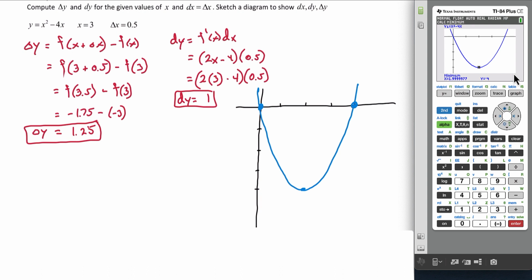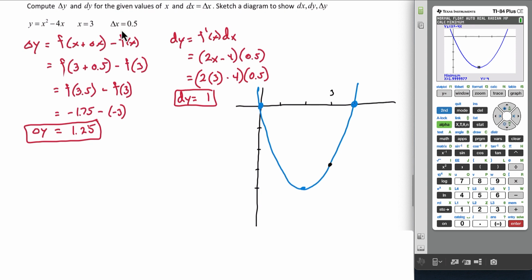And we're focusing on when x is 3. So that's happening here, roughly right here on the quadratic. That's when x is 3. Delta x is 0.5, so roughly this amount. Delta x and dx are the same.